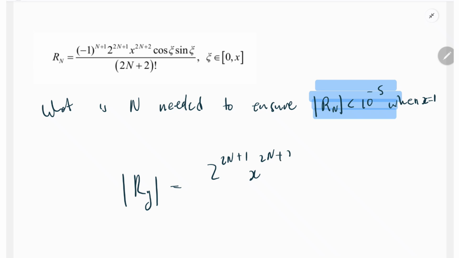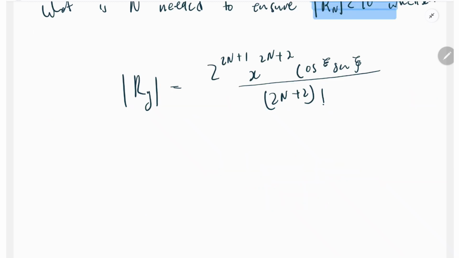2n plus 2. I'm just copying, as you can see there, because I don't know how to write psi. Now we'll set x equals 1, and we'll take the maximum.